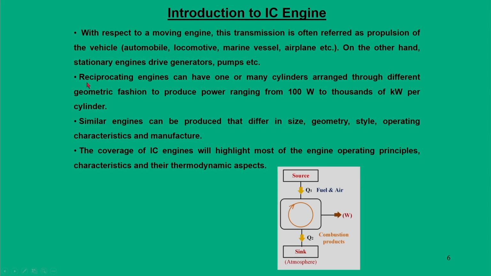Now, when you say reciprocating engines, we can have single cylinder or multi-cylinder engines, and they can range in power from 100 watts to thousands of kilowatts per cylinder. There are many manufacturers that produce IC engines, and those engines can vary in size, geometry, style, operating characteristics, etc.